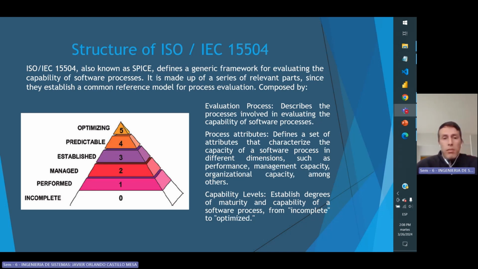Three essential elements on the right of the presentation: the evaluation process describes the process involved in evaluating the capability of software processes. Process attributes define a set of attributes that characterize the capability of a software process in different dimensions, such as performance management capacity, organizational capacity, among others.